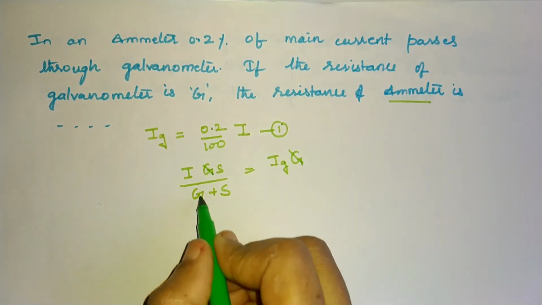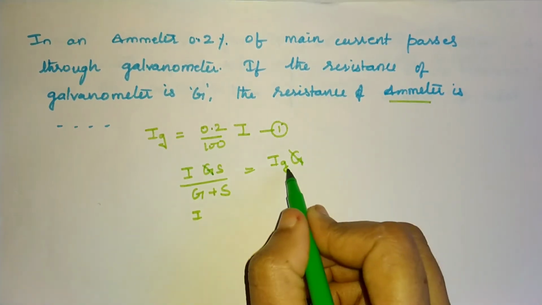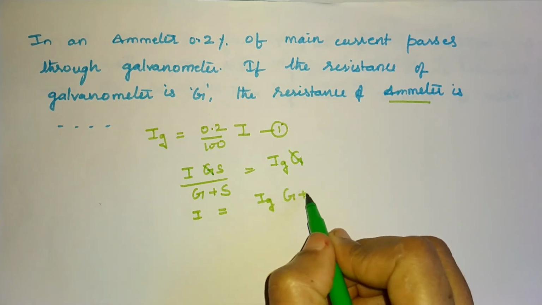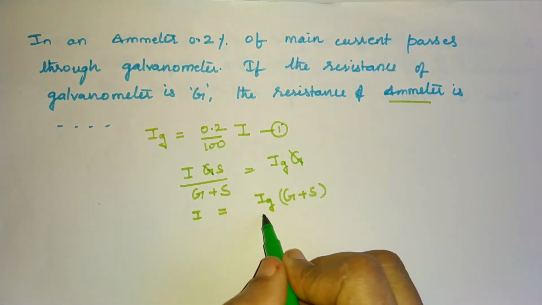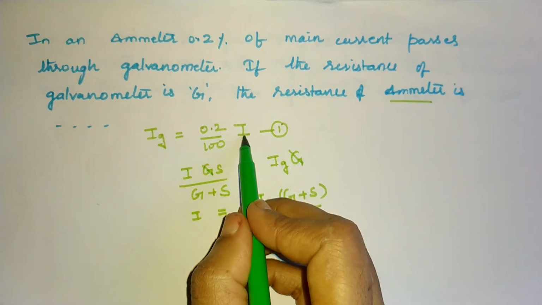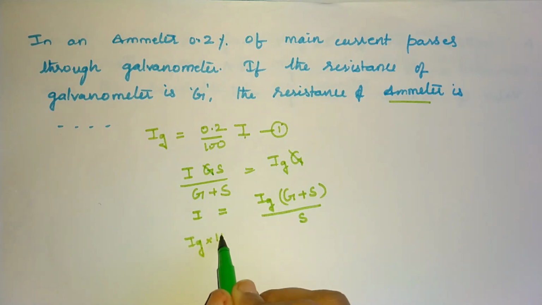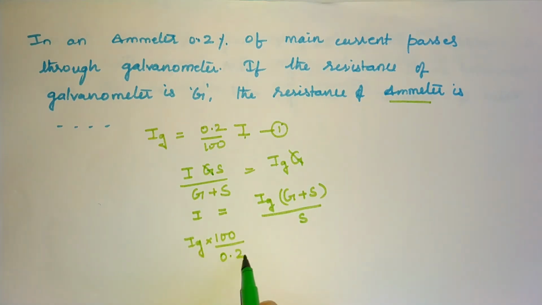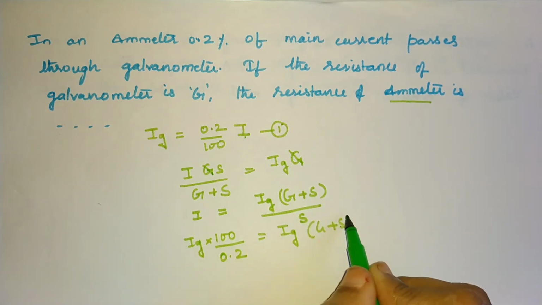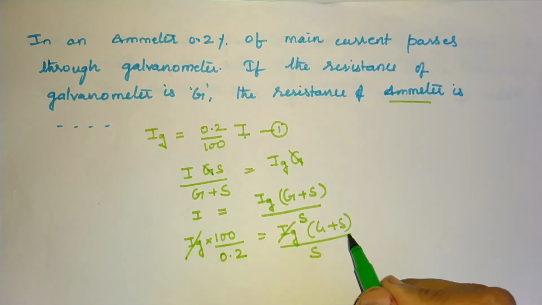I by Ig is equal to (G plus S) divided by S. But what is current I equal to? Ig into 100 by 0.2. So Ig into 100 by 0.2, where Ig is the current through the galvanometer, equals (G plus S) divided by S. Ig will anyway get cancelled.